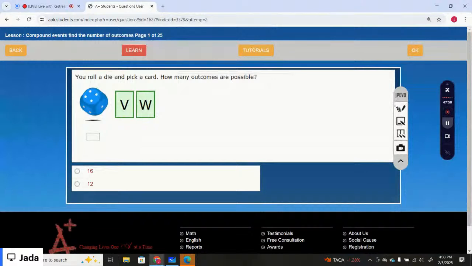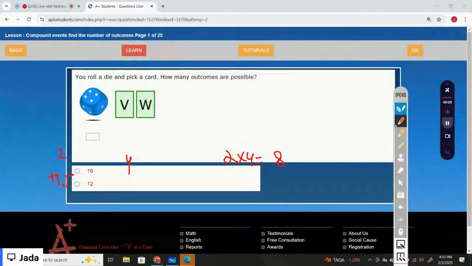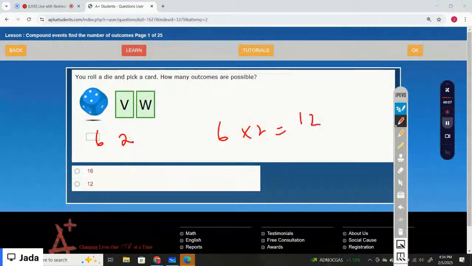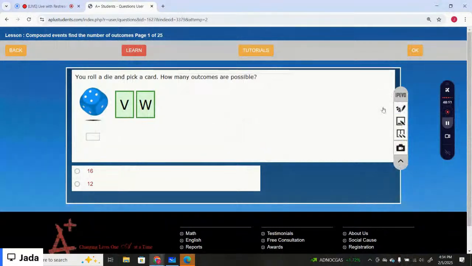So the outcomes for the die, you have six outcomes, and the two cards. So you have to do 6 times 2. That is 12. Option number 2 is the correct option.